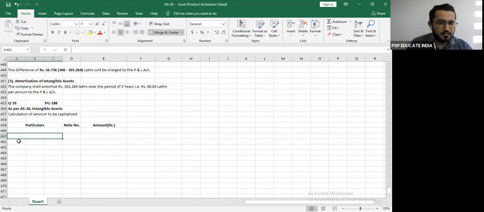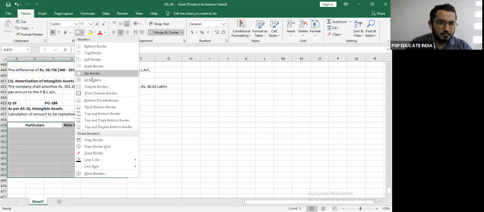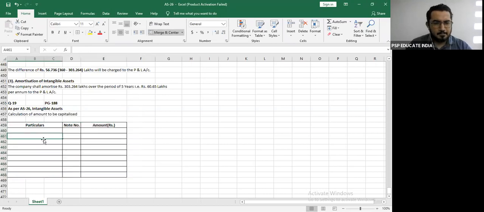Prepare a systematic format, and then we solve each and every part of this question. Prepare your format properly.